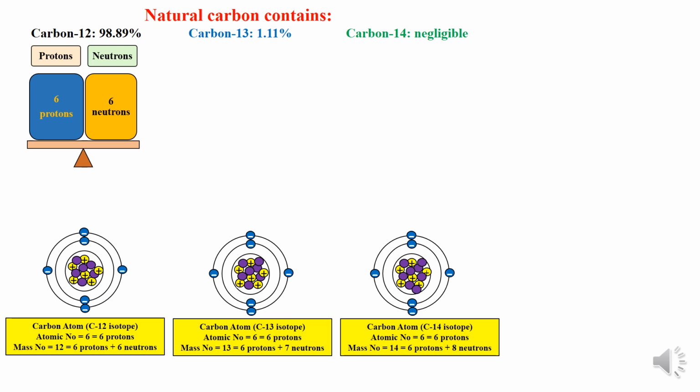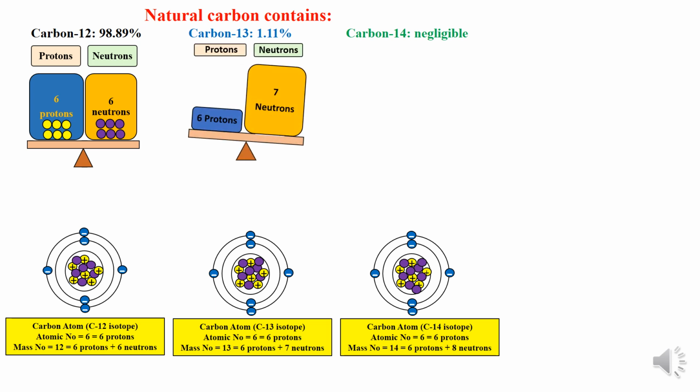Now C12 isotope is highly stable because it has a balanced number of protons and neutrons in its nucleus. It has 6 protons and 6 neutrons. Well, in the case of C13, it has 6 protons and 7 neutrons. The balance is slightly lost, 6 protons and 7 neutrons.